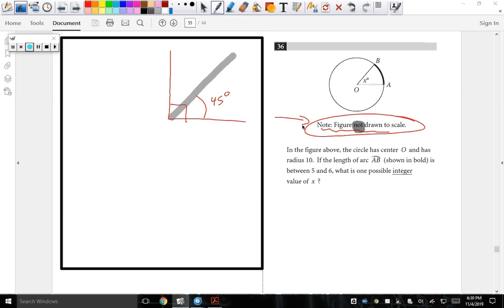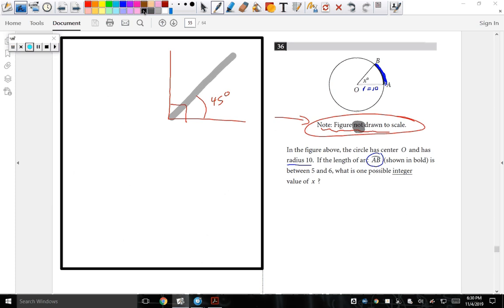So here we go. In the figure above, the circle has a center O and has a radius of 10. So already, I will go over here and put the radius is 10. If the length of the arc AB, shown in bold, so right here, this is AB, is between 5 and 6, what is the possible integer value of x?